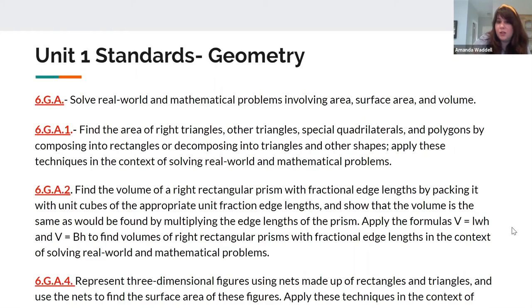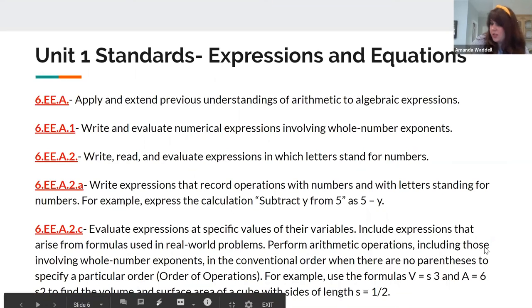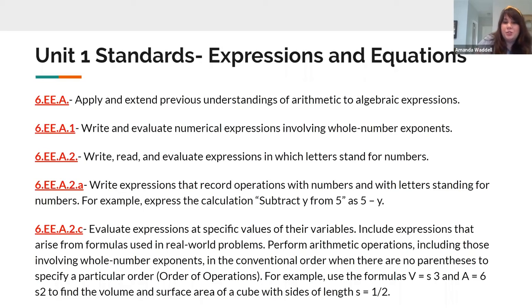And then if you want to go to the next slide, we'll see the standards for expressions and equations. And again, this has more to do with numerical expressions than algebraic, but they do involve a little bit of algebraic expressions in this unit. So obviously read, write, and evaluate numerical expressions. You see evaluate expressions where letters stand for numbers. And you'll see this a lot when you decompose and rearrange, because they're going to have to shift and say, okay, if there's a missing side here, take information from that shape over and apply it to figure out the missing sides.